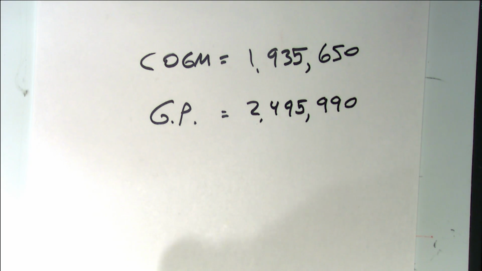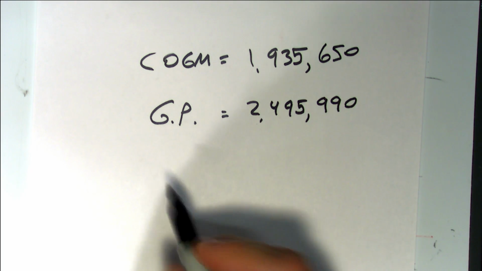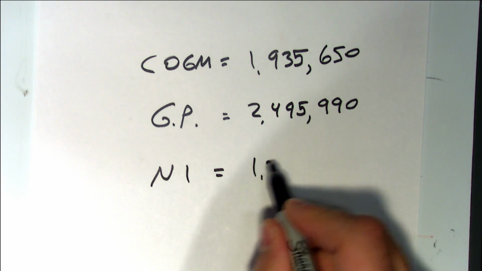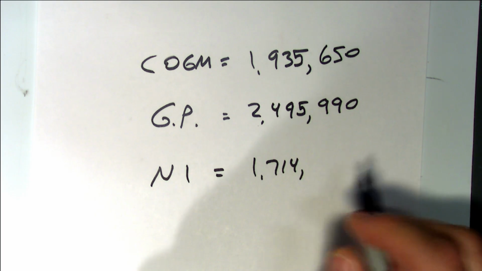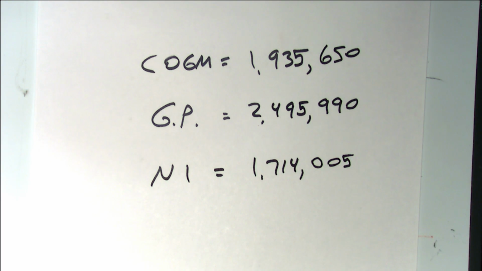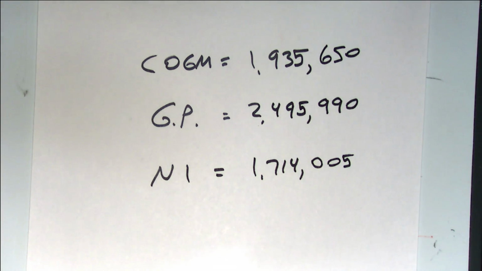Did you get that? That's what I got. And then lastly, net income I got as this number right here. Did you get that? Okay. So if you didn't do that, or if you did it wrong, there are some check figures. We're going to go over that next time, because I want to make sure we have time to do what we need to do today. All right? Any questions on that?